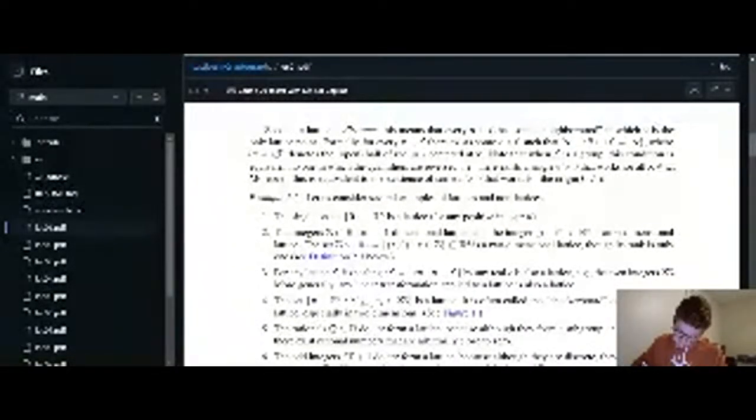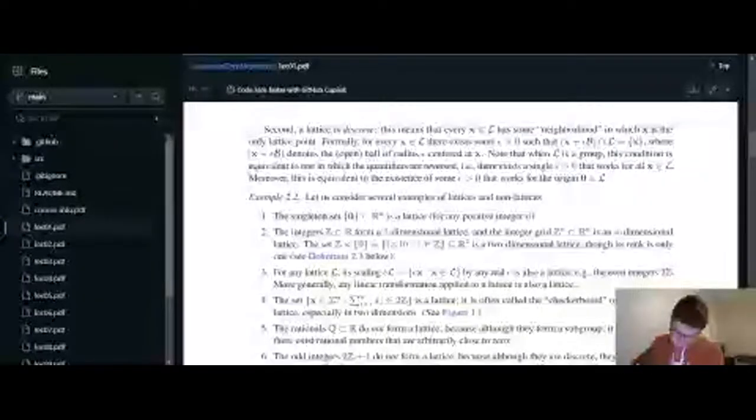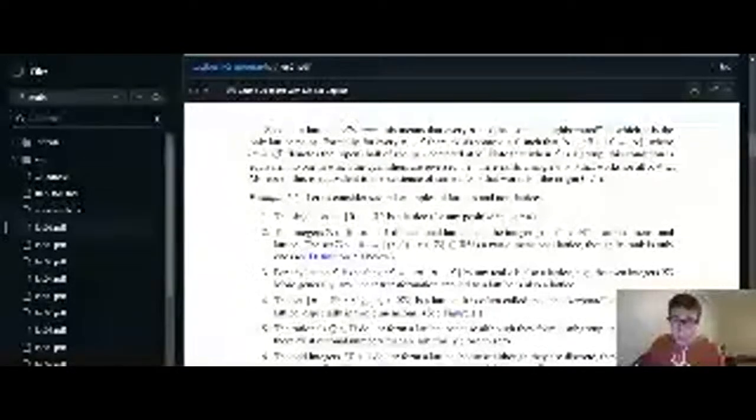Say x here, and points in the lattice are here. So it's like an open ball. Ah, I see.